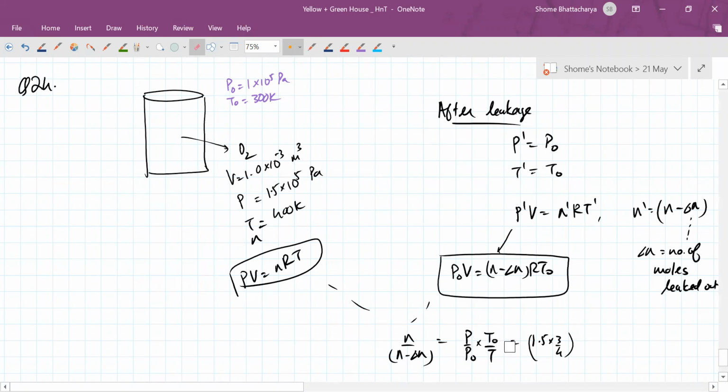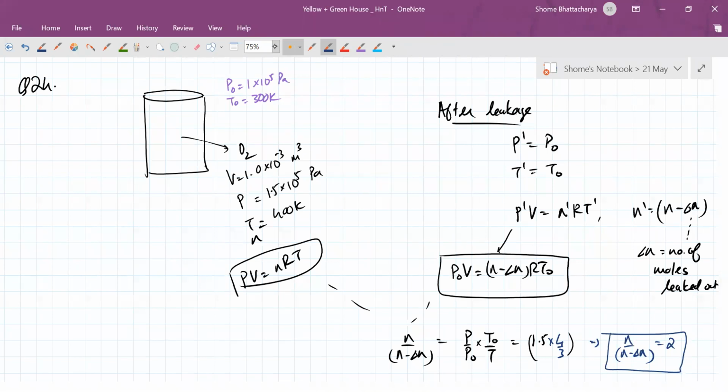My mistake. So half the oxygen gas leaks out.